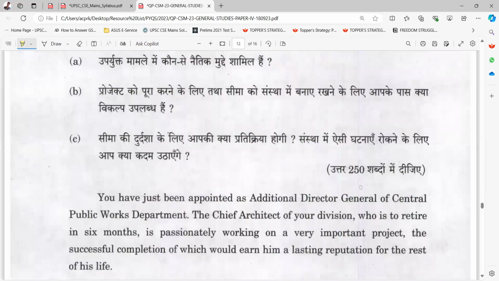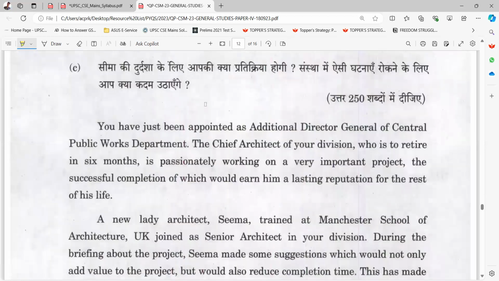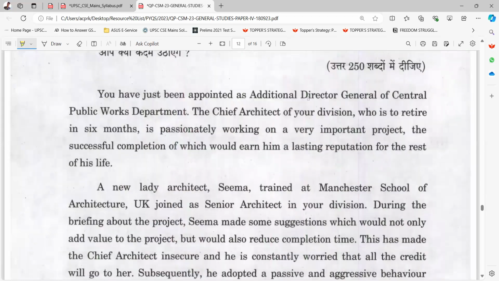Next is 11th question. You have just been appointed as Additional Director General of Central Public Work Department. The chief architect of your division, who is to retire in 6 months, is passionately working on a very important project, the successful completion of which would earn him a lasting reputation for the rest of his life.